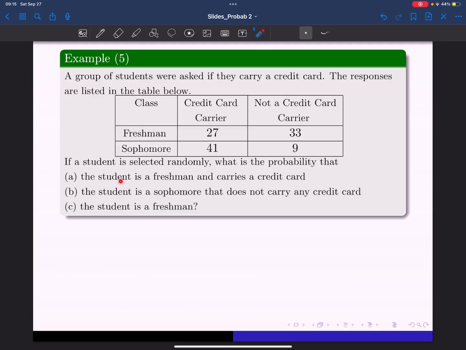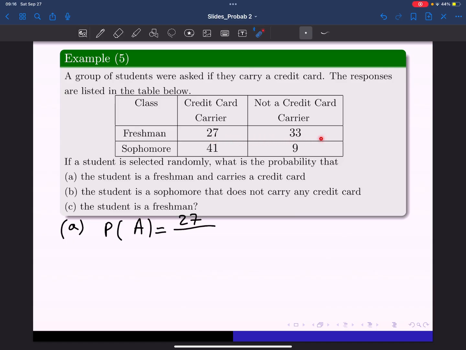Now, if a student is randomly selected, what is the probability that the student is a freshman and carries a credit card? Freshmen with a credit card is 27. For part A, we're going to call that event A. Freshmen with credit cards is 27 out of the total number of students.